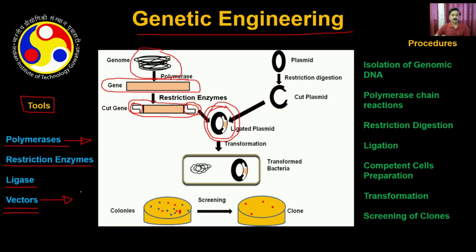A vector could be of two different types, a cloning vector or an expression vector. And what are the different components required? You require the origin of replication and the selection marker for the cloning vectors, whereas you require the origin of replication, selection marker, as well as the promoter for the expression vector.